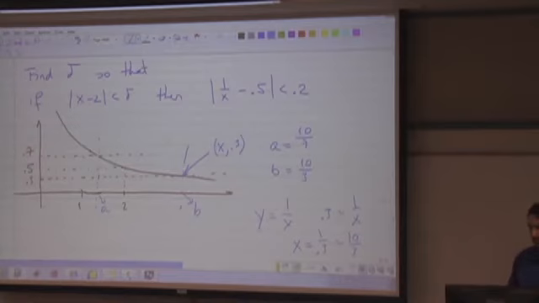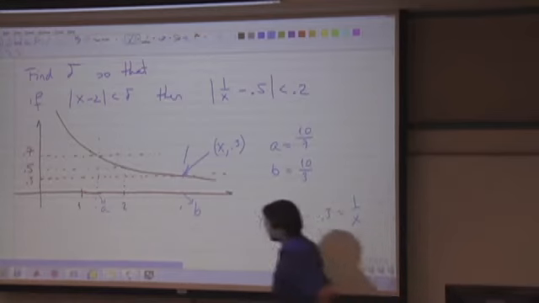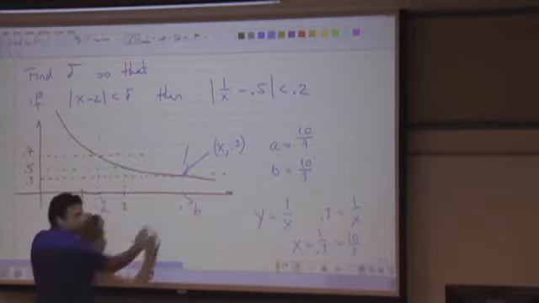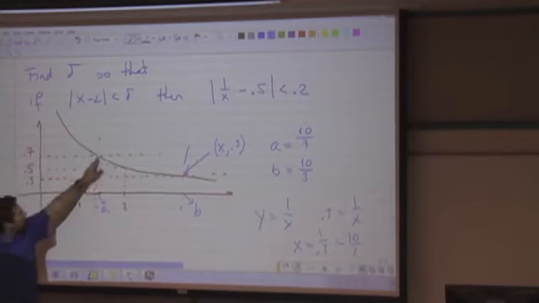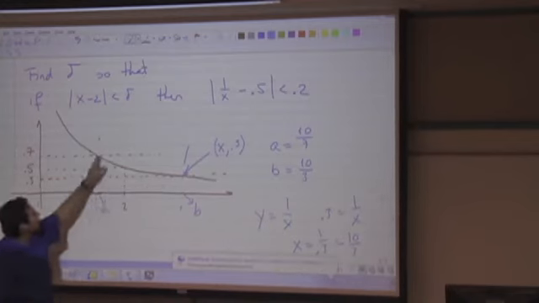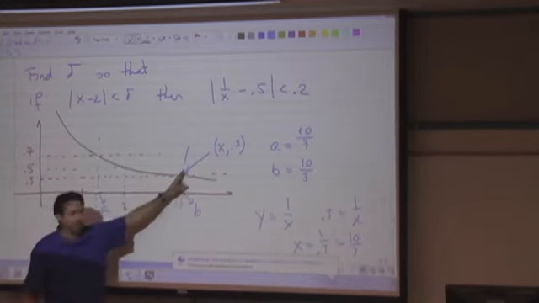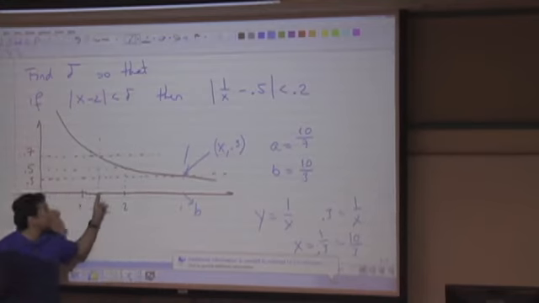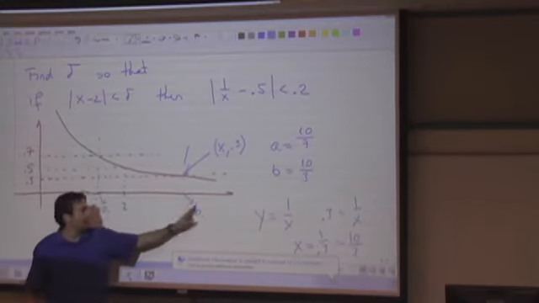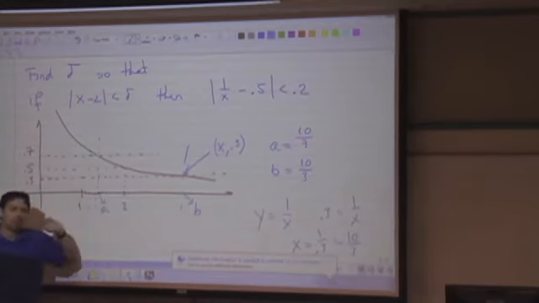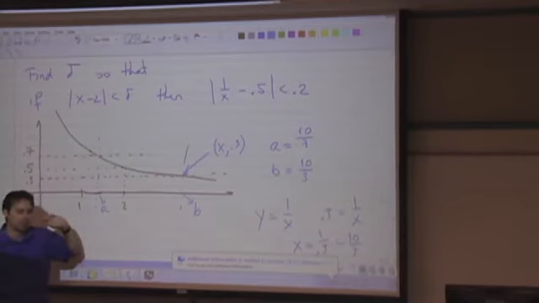Is this making sense? Yes. So, I drew the blue lines where the red lines crossed the graph, because I wanted to identify what these points are. Do these points have a relationship to delta? Yes.